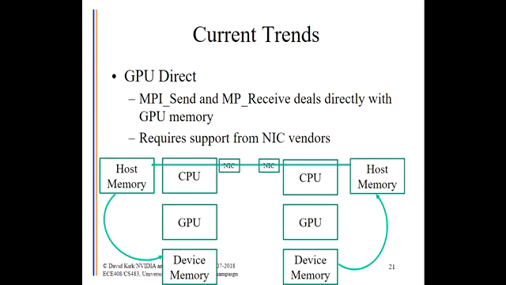Mellanox, the manufacturer of InfiniBand, was the first manufacturer that enabled this capability. Essentially, when you use an InfiniBand network interface card, it will recognize the GPU memory as part of the system physical memory, and it allows the user code, the MPI code, to tell it to just directly deposit the received message into the GPU memory.